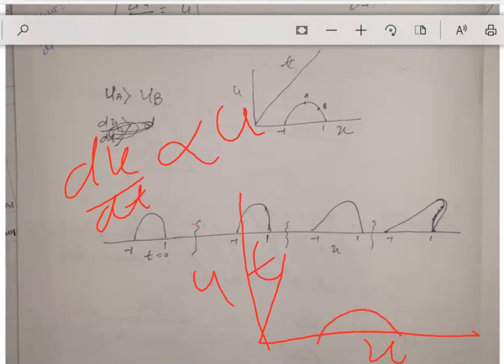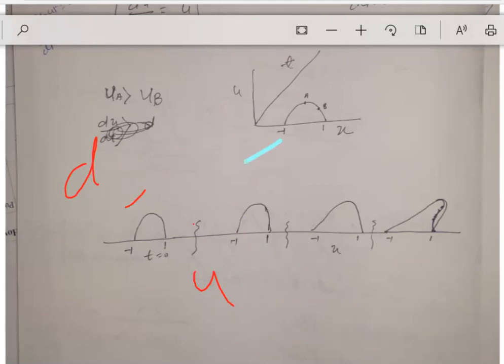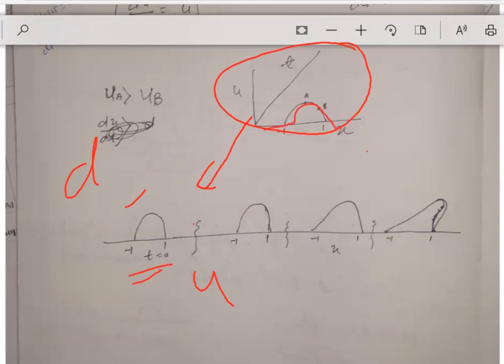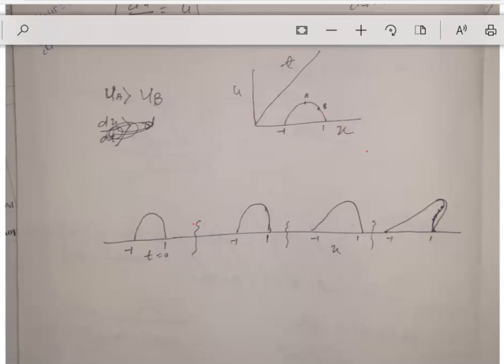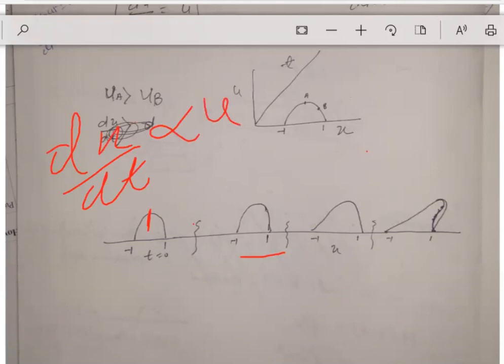Okay, so if you look at, this is exactly this situation, and see here is time. So at t equal to 0, the wave is similar to this. Okay, but at a later time t, you note that here u is higher. So let's say velocity is proportional to amplitude u.